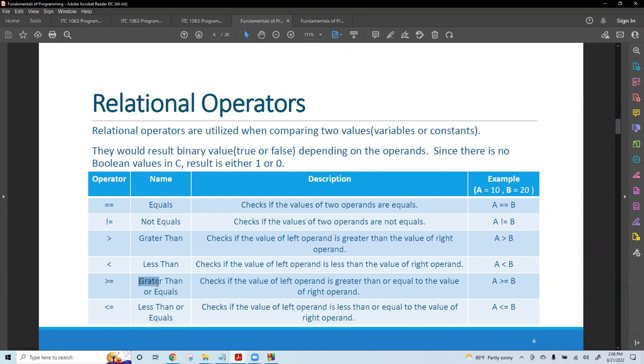And then greater than or equal. Greater than and then equality is added. So, for example, like I told you earlier, you have to get 2.0 or above, right?